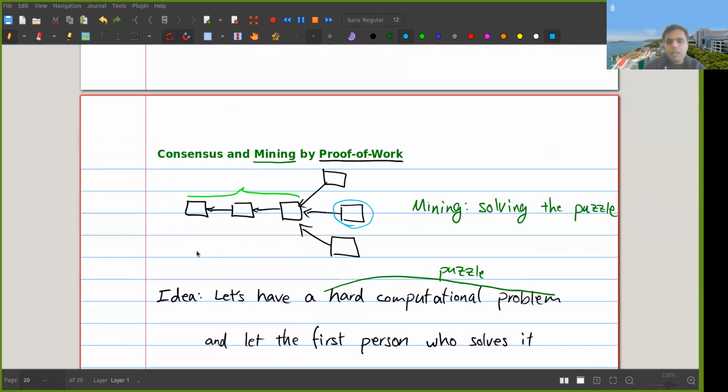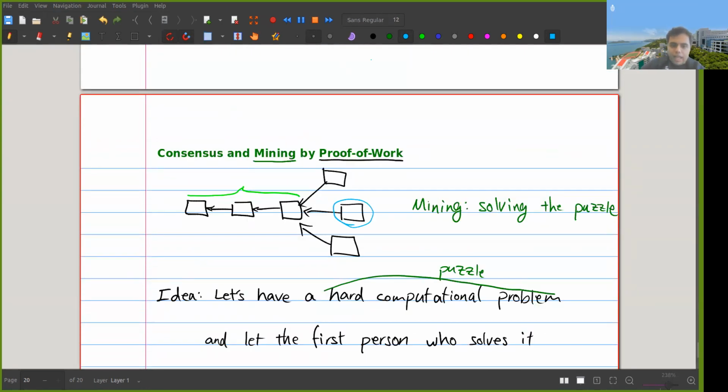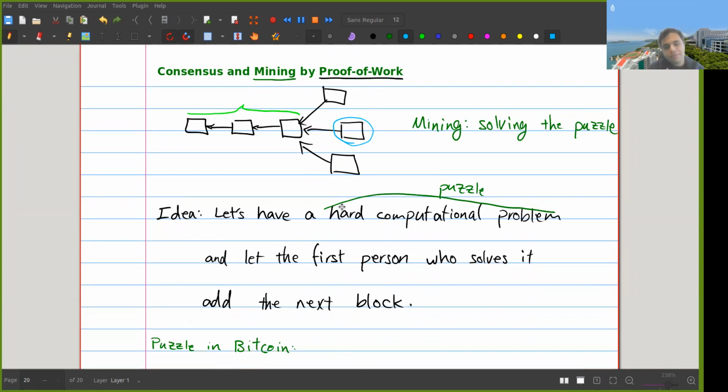So now the next problem that we have is, I know it's kind of unlikely, but what happens if two different people solve this hash puzzle at the same time? And by the way, again, solving the puzzle is called mining. So whenever I talk about people who are trying to add new blocks, I call them miners because they're doing mining, of course.